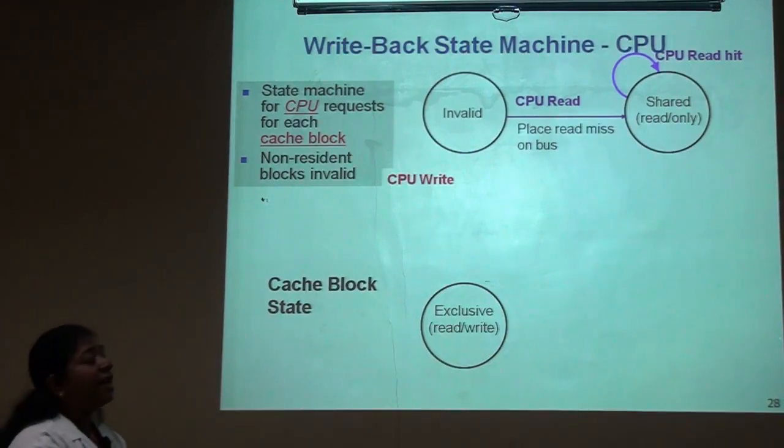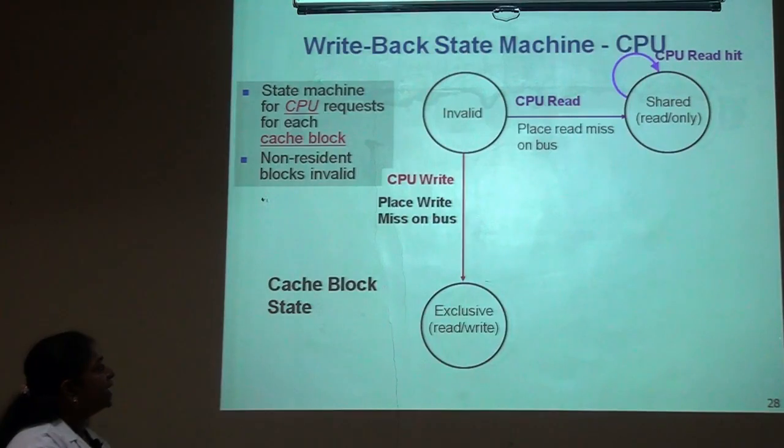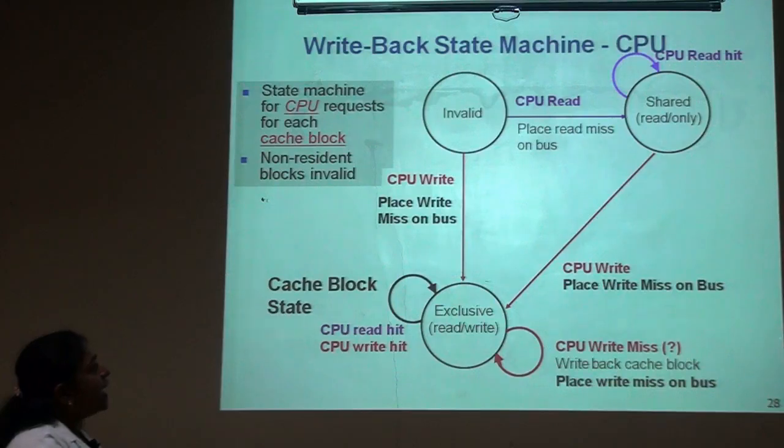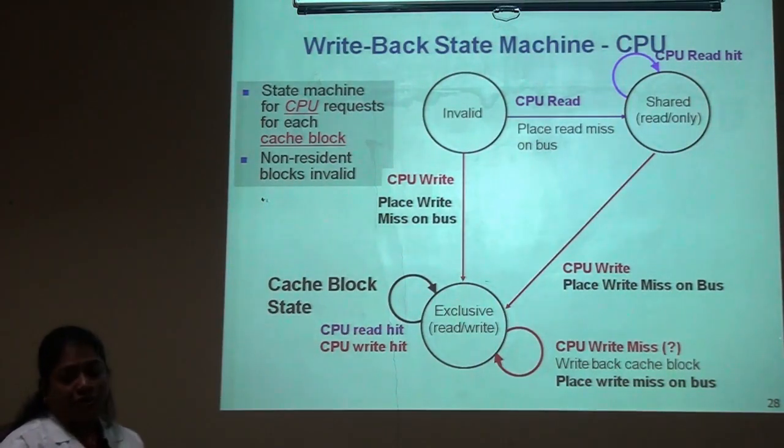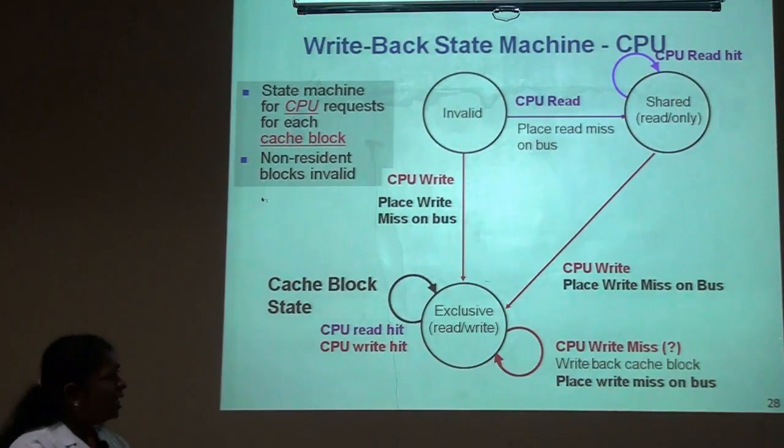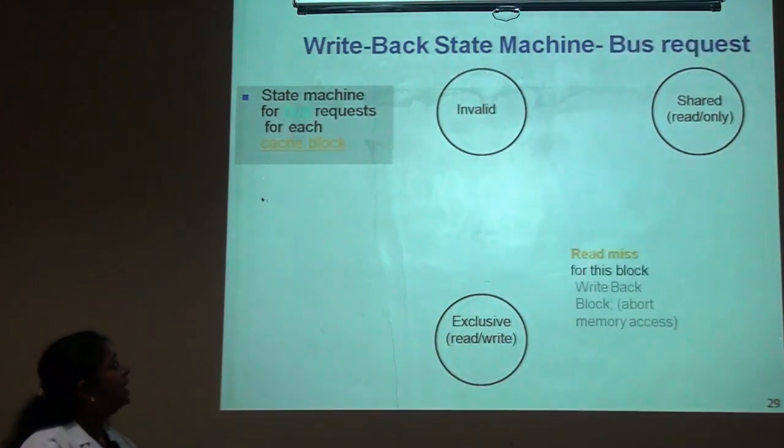In the same way, a write operation can be issued. If the write finds the block, we get a hit operation. Otherwise, we get a miss operation. In the same way, from the shared block to exclusive, we issue the read and write operations. If the data is available, we get the CPU read or write, otherwise we get the miss operation.